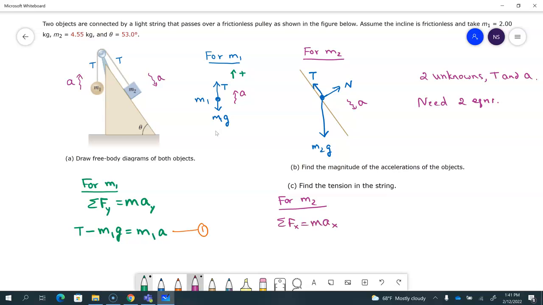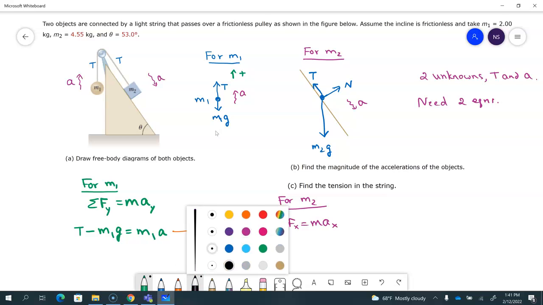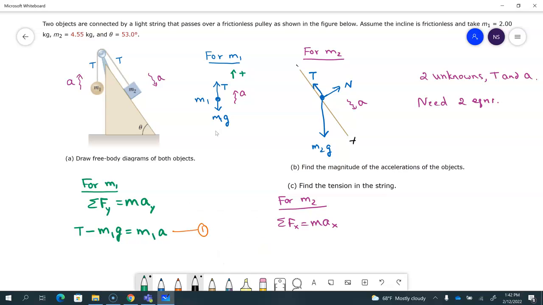I can say I have one equation, net force in the x is mass times acceleration. And by the way, as you know, for inclined planes, we take the x-axis to be along the incline. So this is our x-axis here, and the y-axis is perpendicular to the incline, and the angle of the ramp is theta.